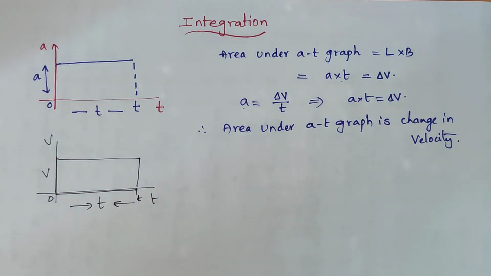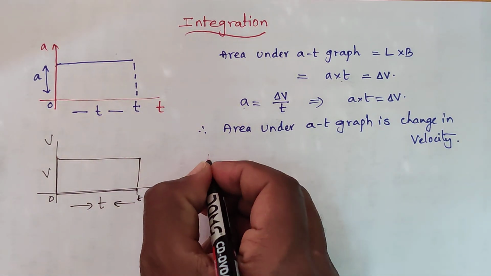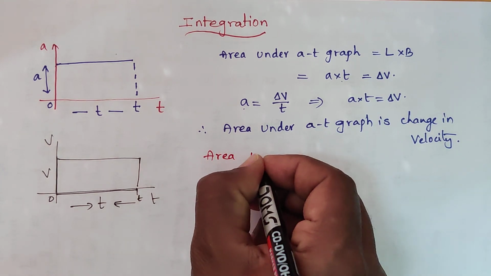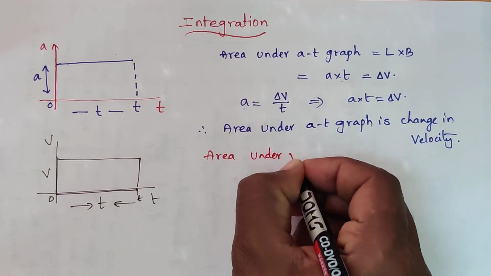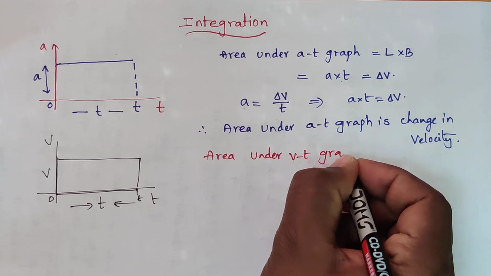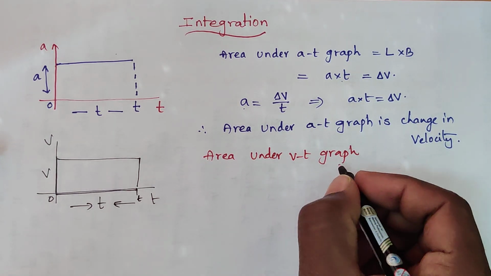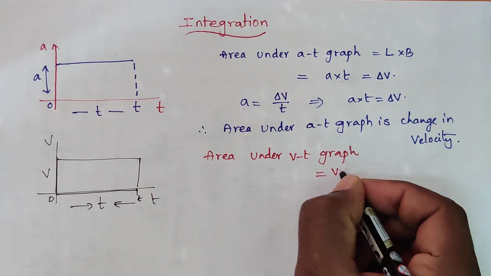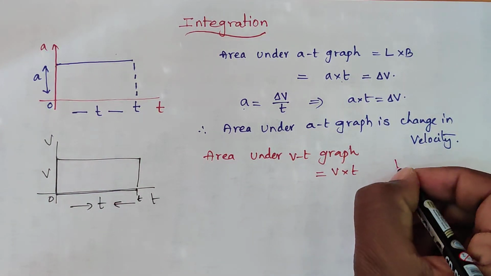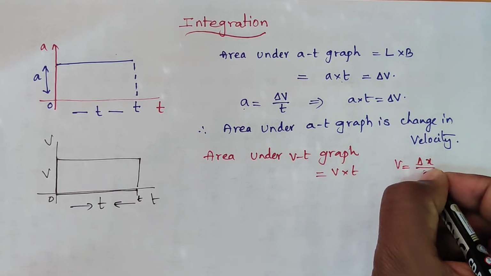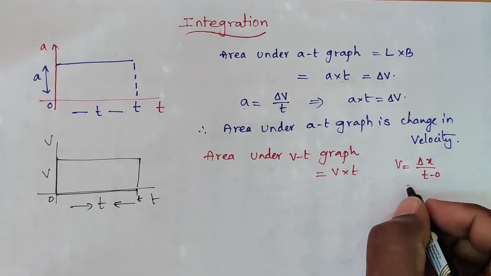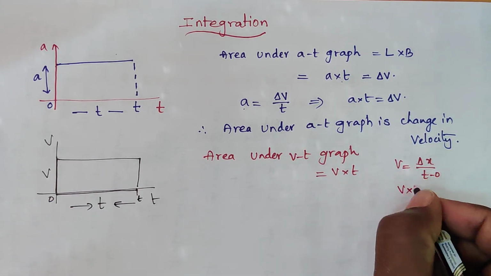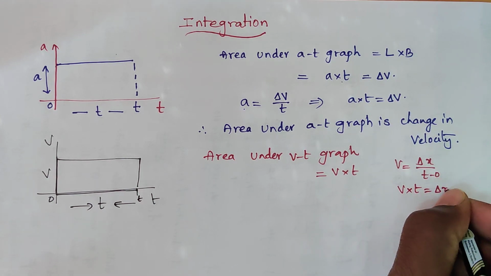Now, area under VT graph is nothing but length into breadth, that is v into t. We know velocity v equal to change in position by time interval t minus 0. So on cross multiplying we will get v into t is delta x.